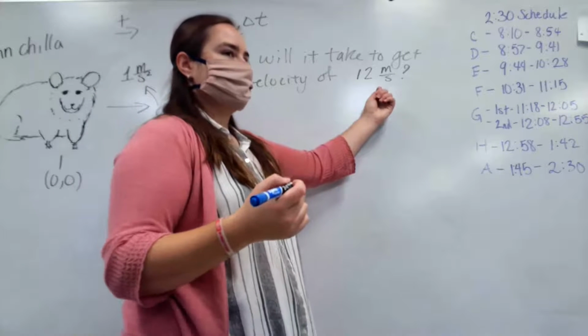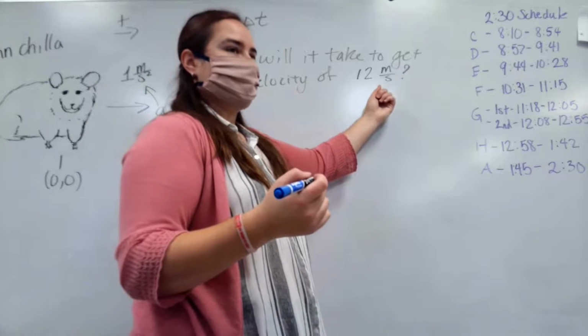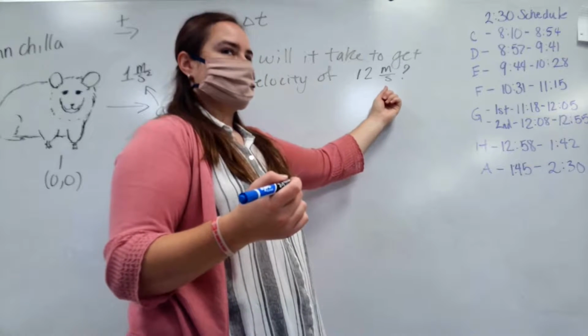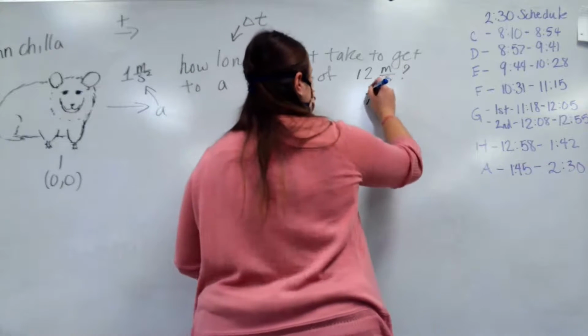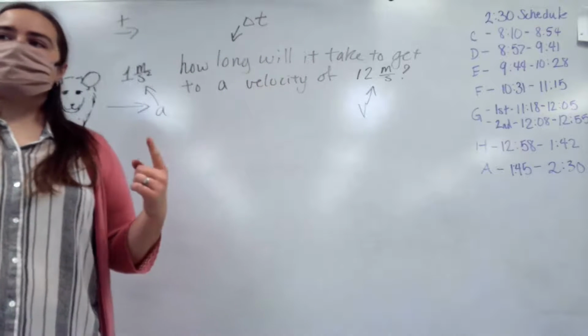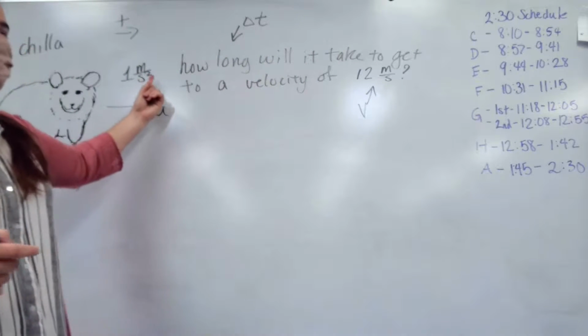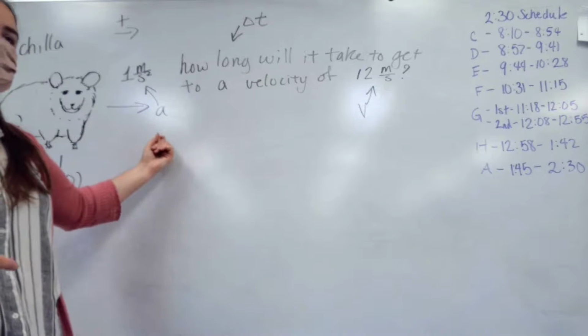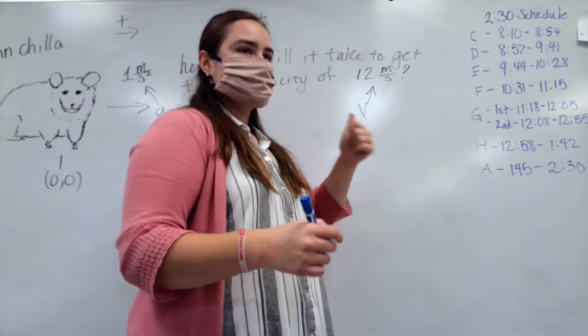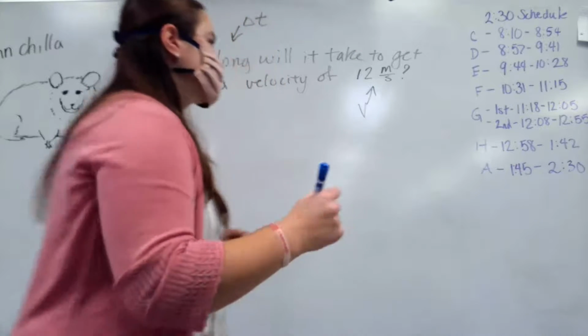And this one's not squared. This one's velocity. That's one easy way to tell the difference to see if it's velocity or acceleration. If it's got the seconds squared, it's acceleration. If there's just 1 second, it's velocity. Okay, so that's one quick way to tell which one's which.